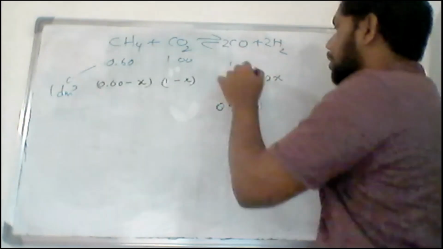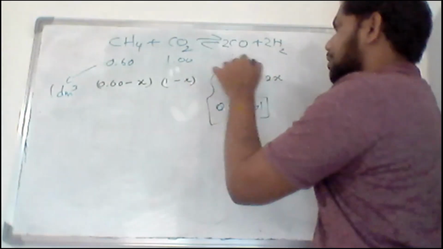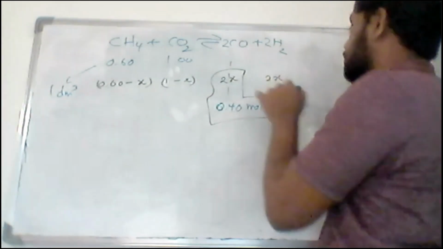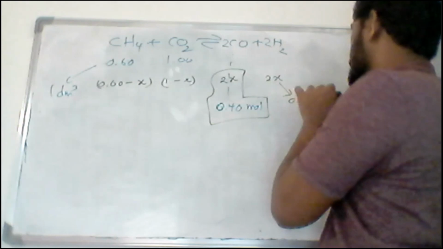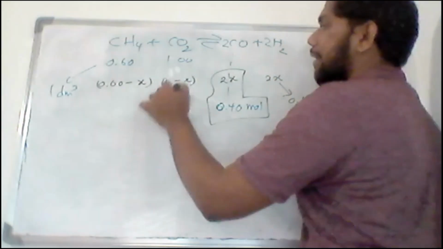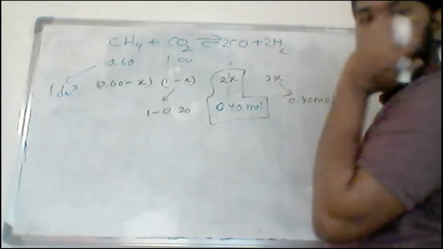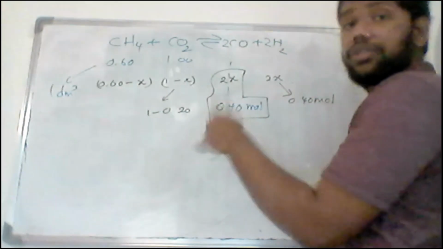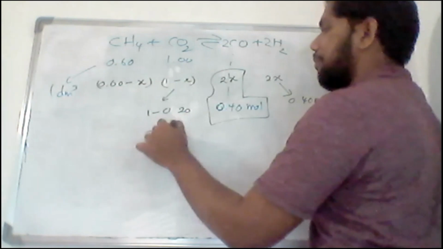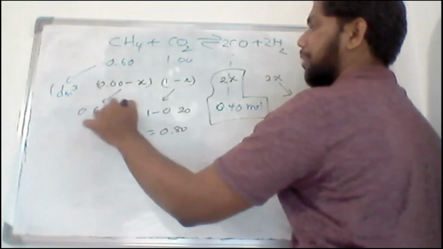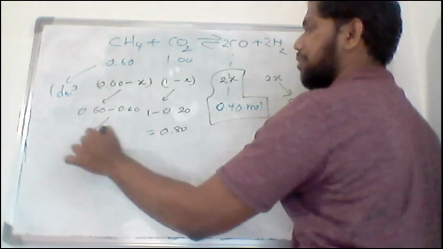So according to that, 2X is 0.4 moles, so this also should be 0.4 moles. And here 1 minus 0.2 moles, because 2X is 0.4, so X is 0.2. So there will be 0.8, and here there will be 0.6 minus 0.2, which is 0.4.